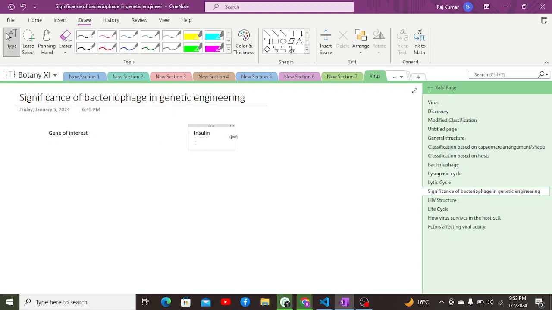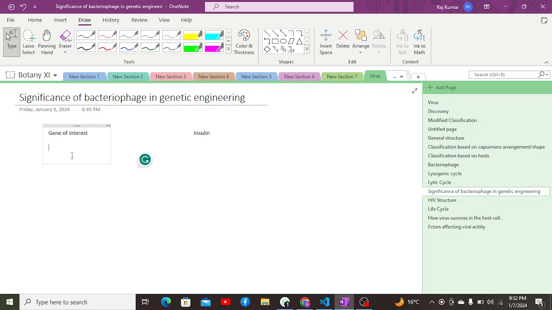For insulin, the gene which can make insulin within the human body will be taken from the human body cell, and that gene can be utilized in another organism such as bacteria or bacteriophage to produce a desirable product, which is insulin. At that moment, this gene which produces my desirable product will be known as the gene of interest.